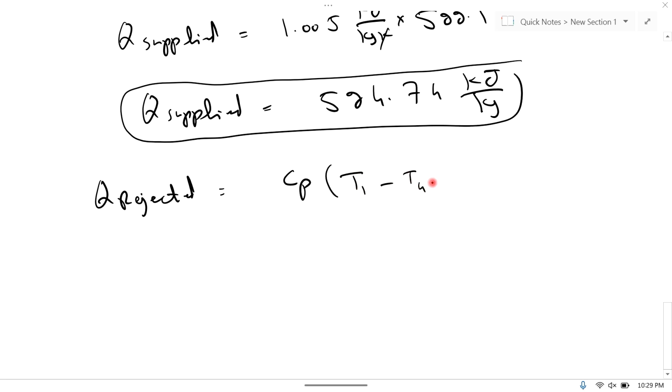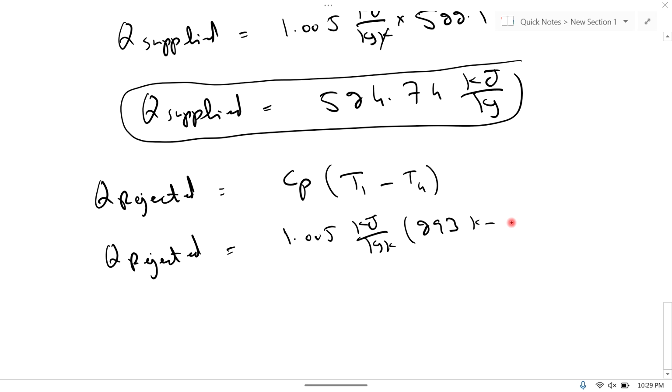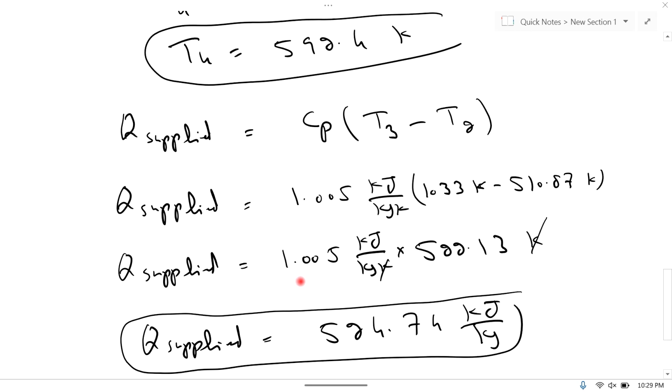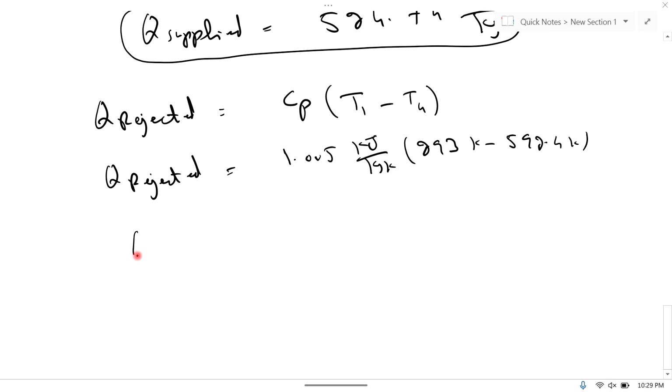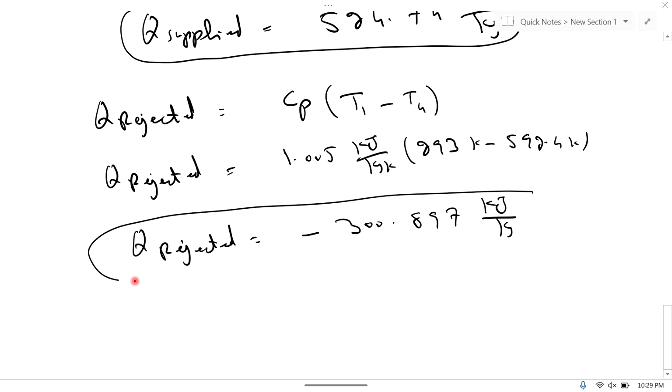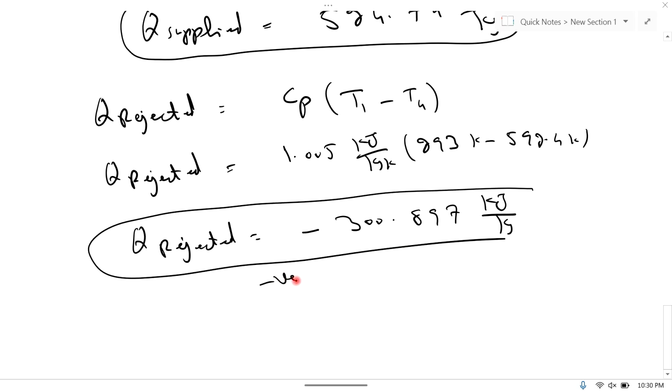So Q rejected is equal to Cp, 1.005 kilojoule per kilogram per Kelvin, times T1, the minimum temperature 293 Kelvin, minus T4, 592.4 Kelvin. The answer is negative, minus 300.897 kilojoule per kilogram. This negative sign just means that heat is rejected.